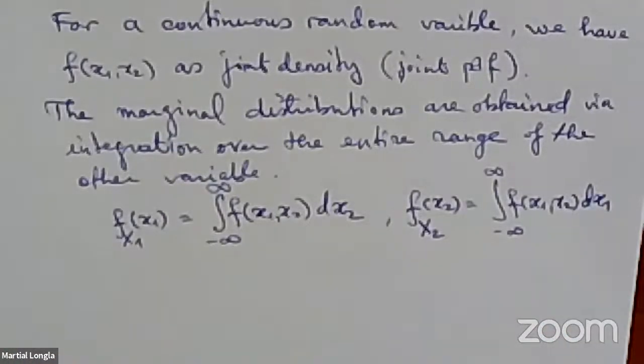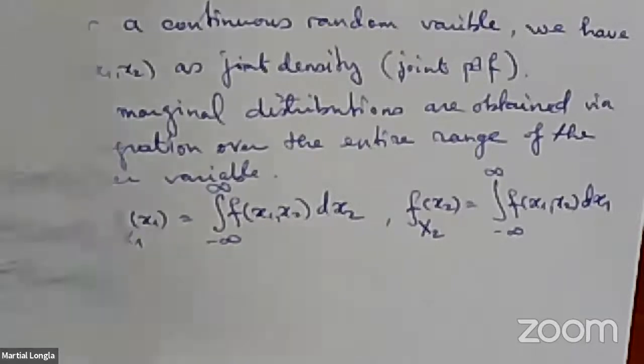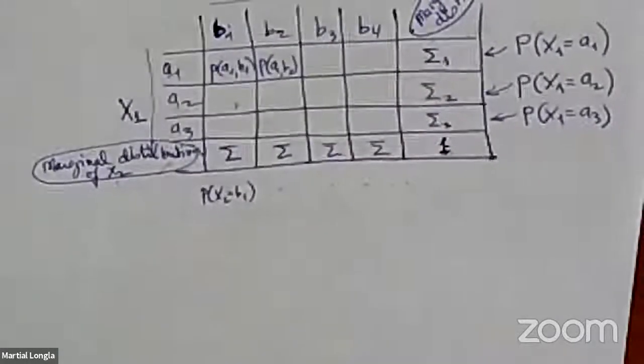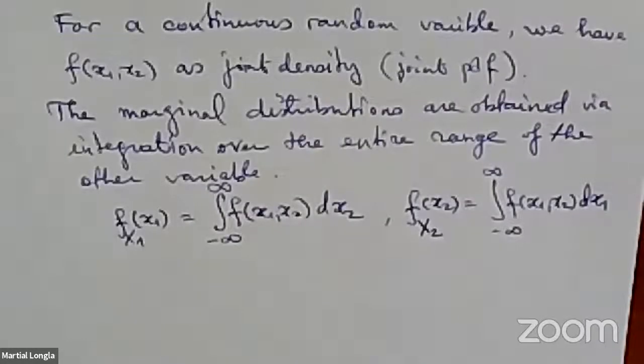So if you integrate the joint density with respect to x1, you get the marginal distribution of x2. If you integrate with respect to x2, you get the marginal distribution of x1. But for a discrete random variable, what you need to do is the sums that I showed you on this graph. And that's it.